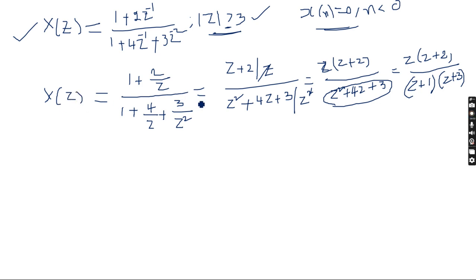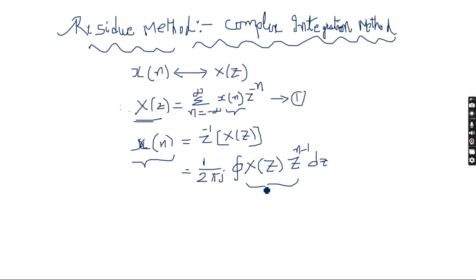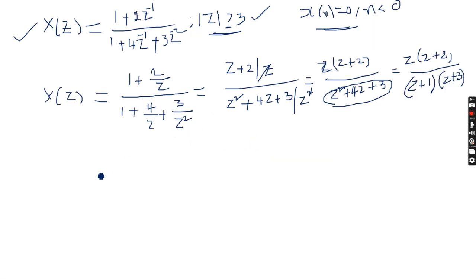So next, as per the formula, you have to find out X of z into z power n minus 1. Next, the third step is you have to multiply, after finding the poles, X of z into z to the power of n minus 1.